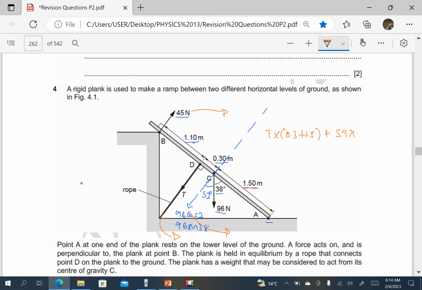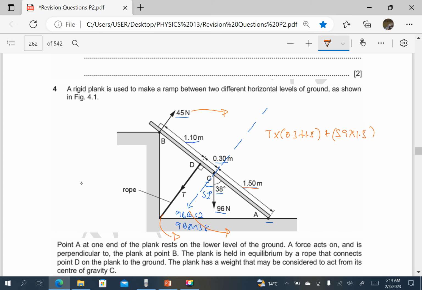Since I'm using the component, I don't need again to look for the perpendicular distance. If I use 96, I will have to look for the perpendicular distance. But since I'm using a component which is at 90 degrees to the plank, its perpendicular distance is 1.5.